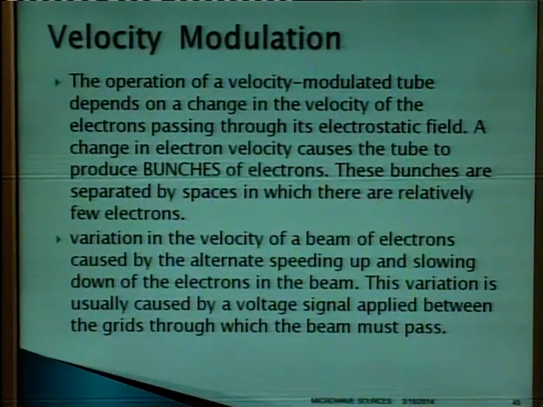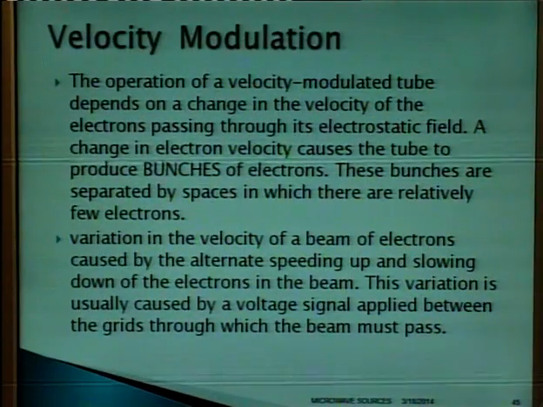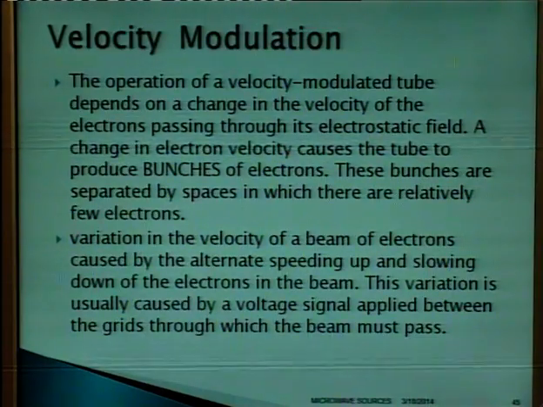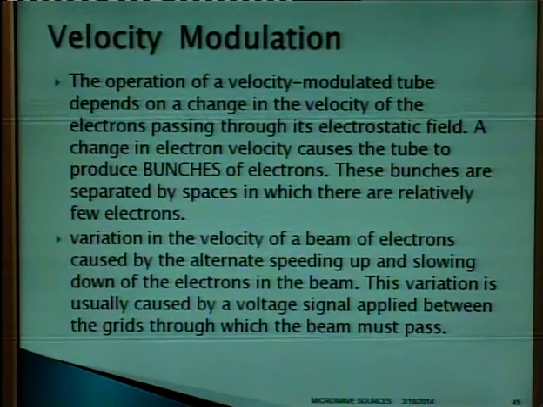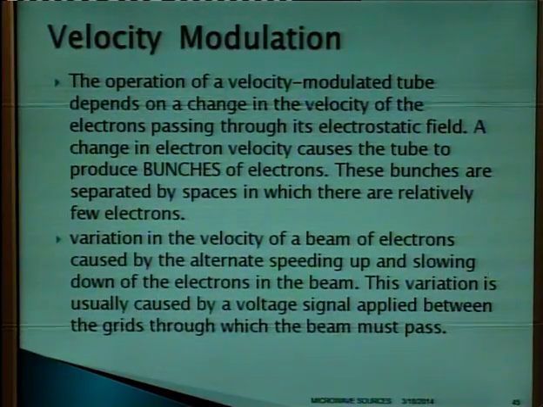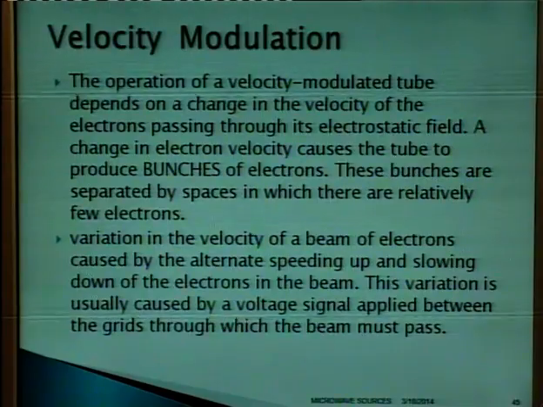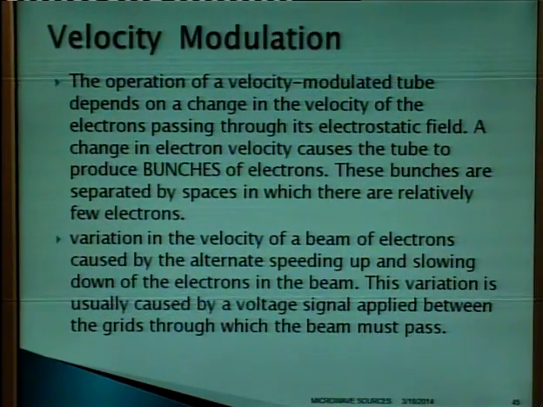Velocity modulation: the operation of a velocity modulation tube depends on the change in the velocity of electrons passing through its electrostatic field, and this change in electron velocity causes the tube to produce bunches of electrons.